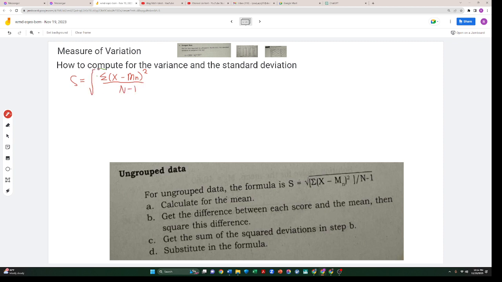So this is the formula for how to find the standard deviation or the variance. Okay?